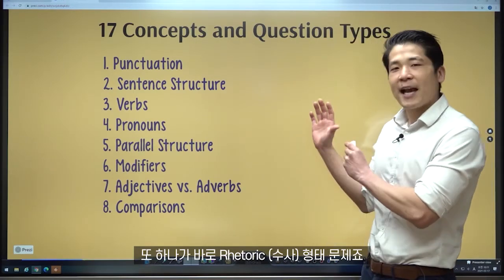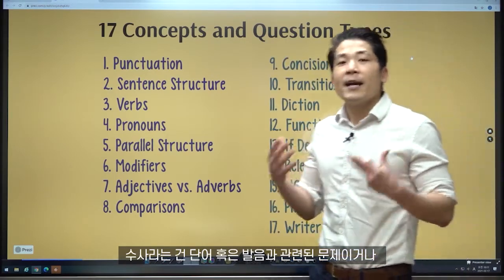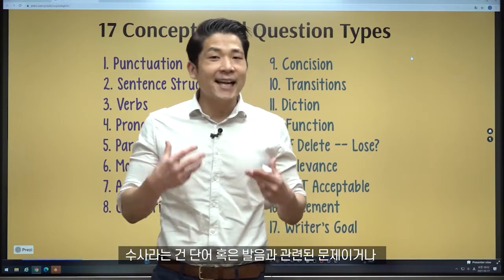The second major category that you'll be tested on is called rhetoric. Rhetoric is just the art or the style of writing.